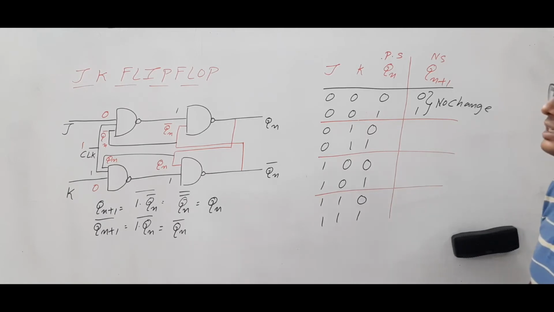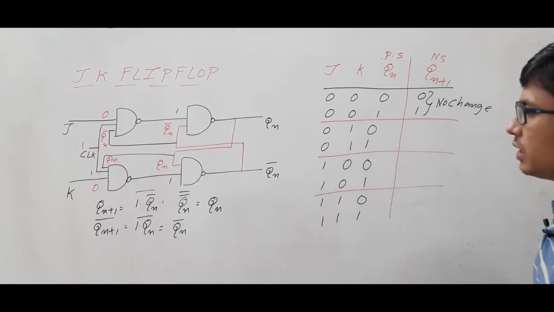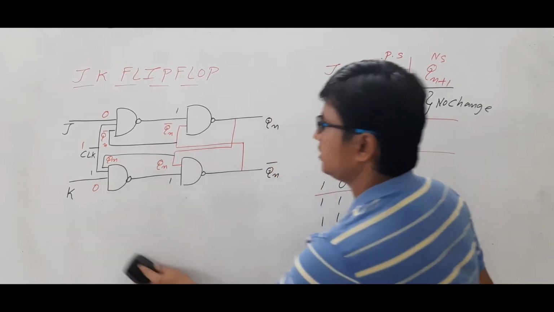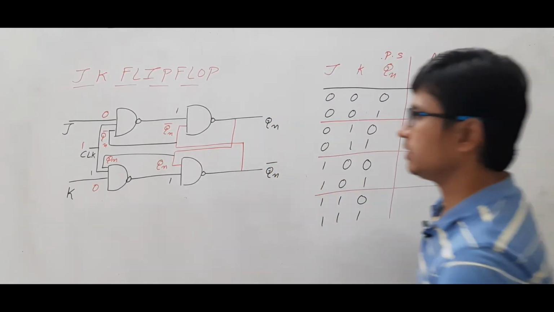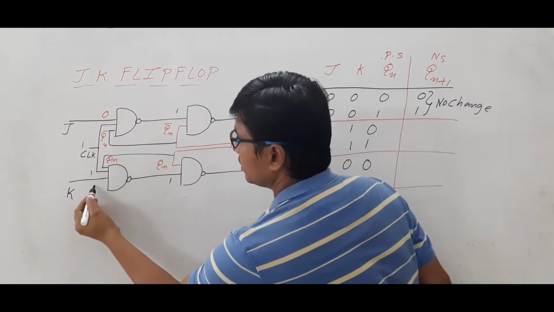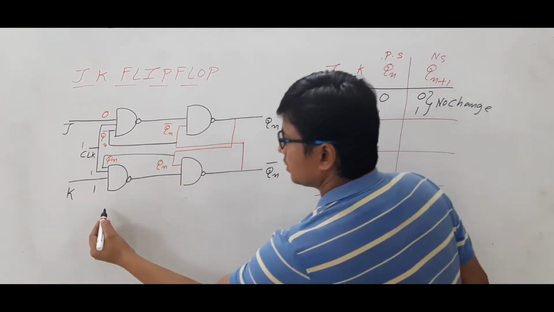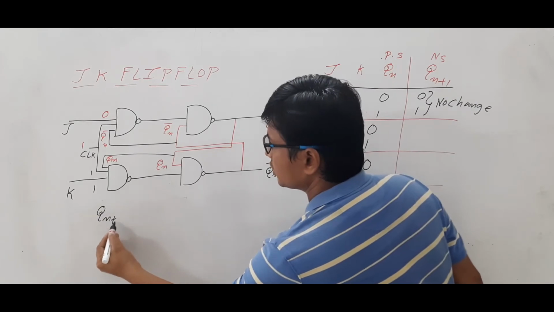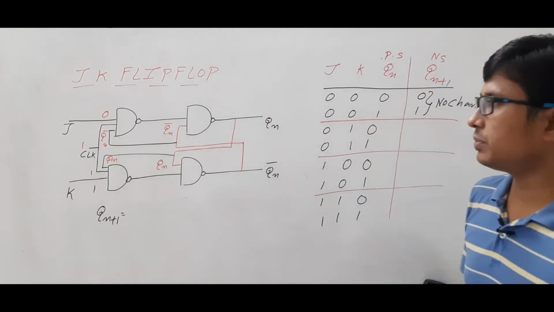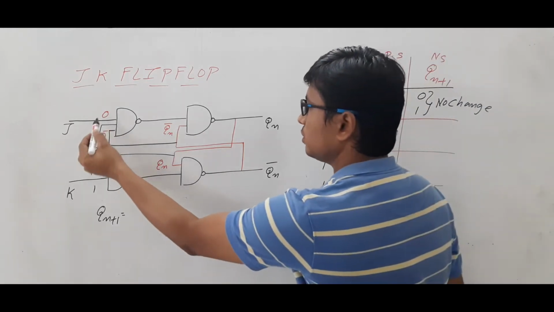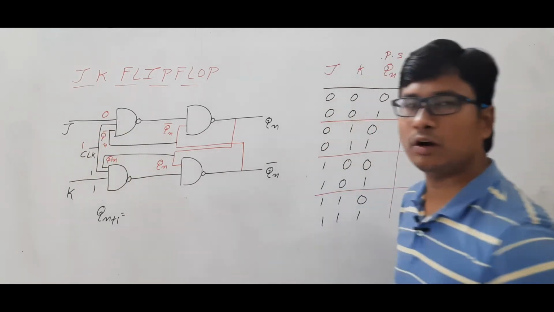Now we will see the J and K values as 0 and 1. What will happen? J value is 0, K is 1. Now we will look at it. We will erase this one. If I want to find Qn+1, I need to find this input. Now this input is 0 and 1 and Qn complement.